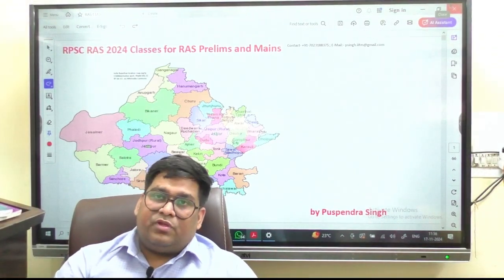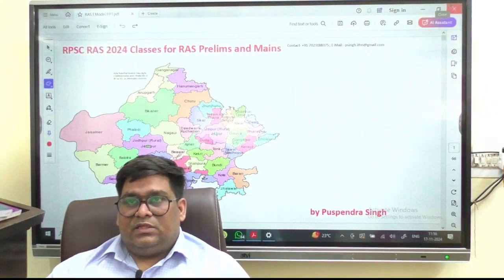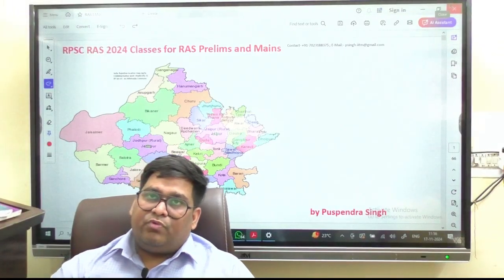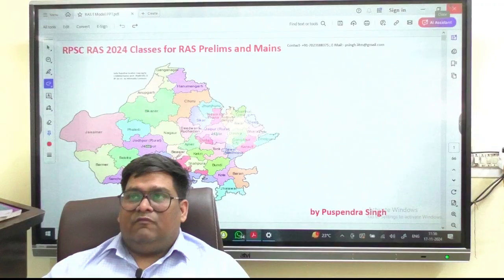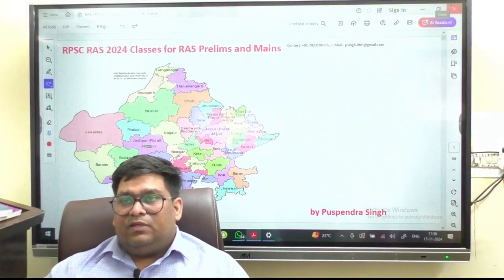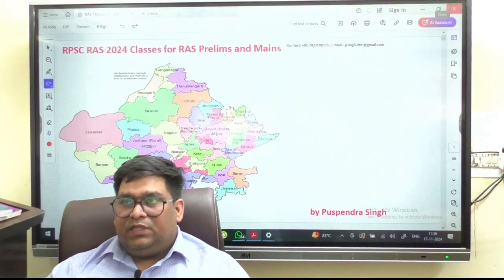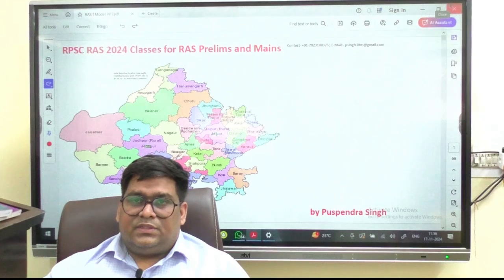We have seen the Proterozoic era, the Precambrian era, inside it the Pre-Aravali Precambrian, and the Paleozoic era, including the Permian Carboniferous era also.